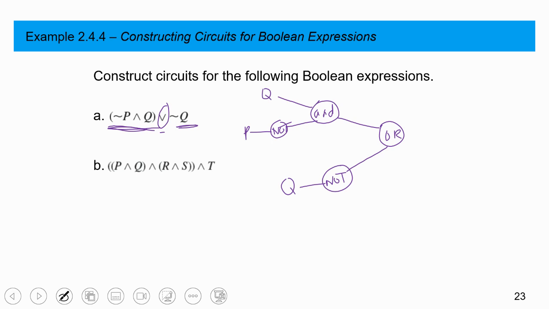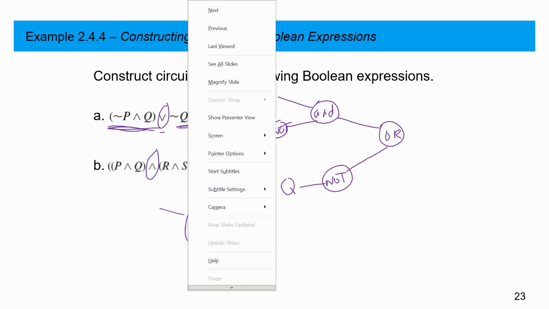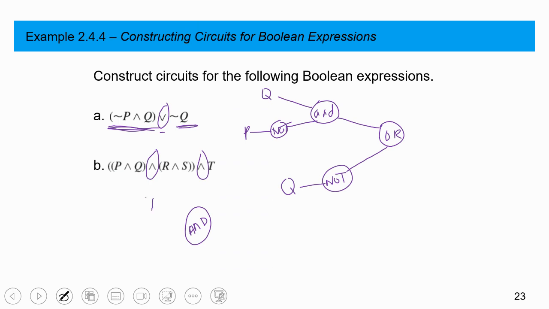Now in this next example, I have 3 things coming into my AND. So I might begin with my AND. I've got 3 things coming into this. So I've got T coming in here.